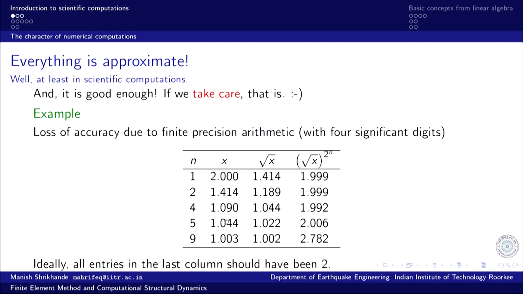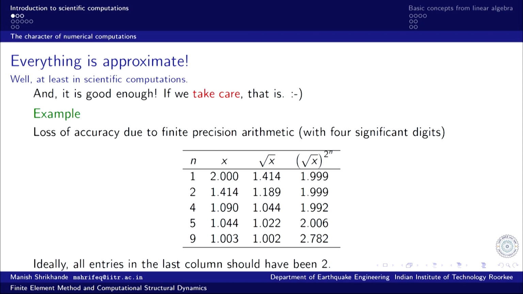I keep on doing it up to 9 cycles, and ideally, if we had no loss of accuracy, if we were working with exact calculations, then the last column should have been equal to 2.0, absolutely no difference from the original number that we started with.